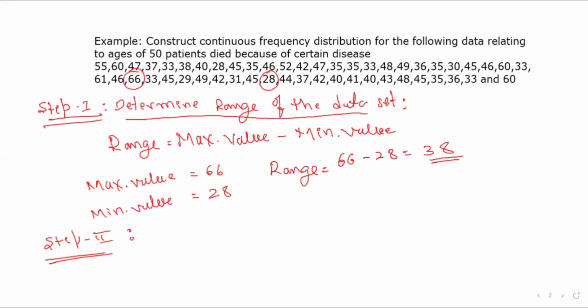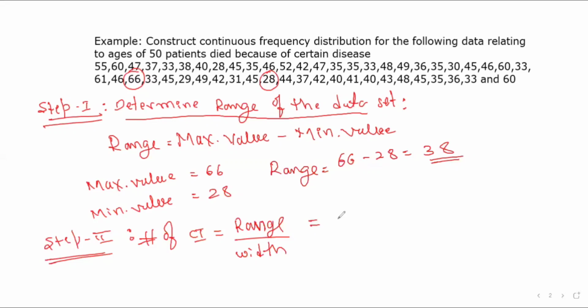Identify the number of class intervals using the formula range divided by class width. In mathematics and statistics, this hash symbol represents number. Number of class intervals equals range divided by class width, or simply width.